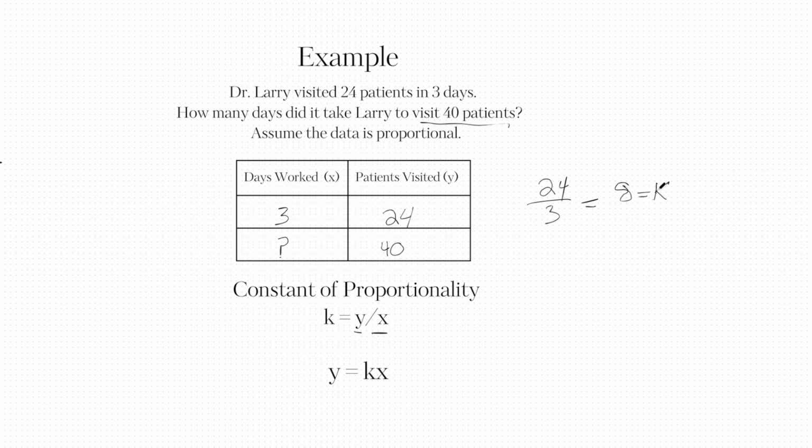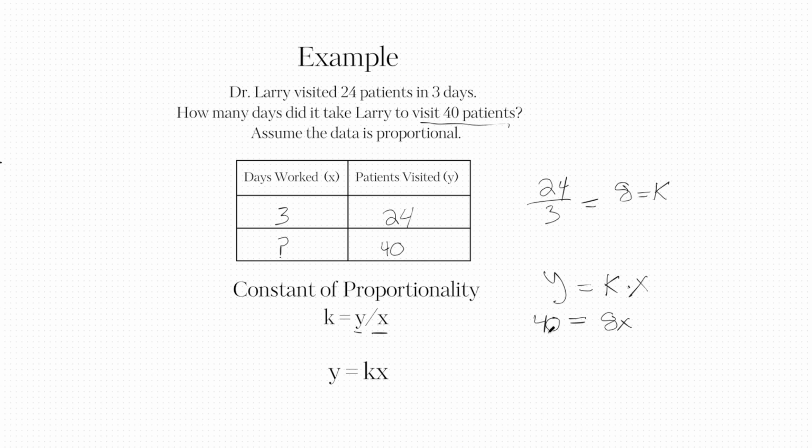Now we can plug in what we know to solve for x. I'm going to write down y equals k times x. We now know that k equals 8, so it's going to be 8x equals, and we know that Dr. Larry visited 40 patients.